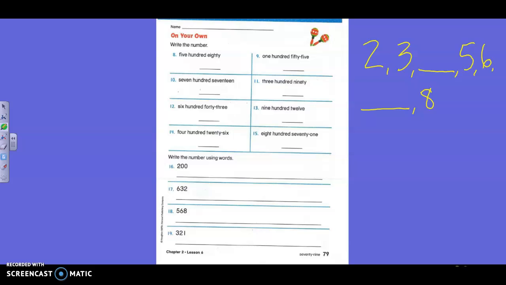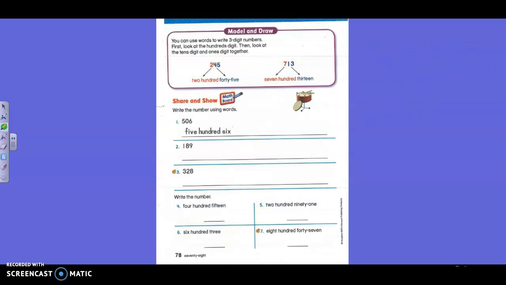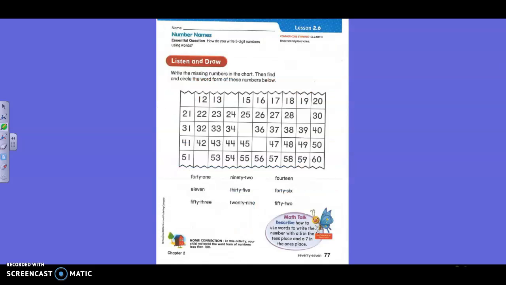Look at the pattern. What are my missing numbers? 4. We have 4, 2, 3, 4, 5, 6. Everyone? 7. Okay. Sorry, I'm so confused. All right.